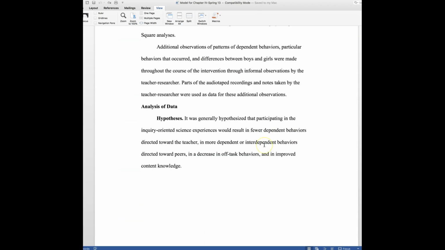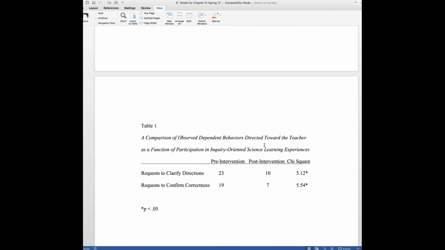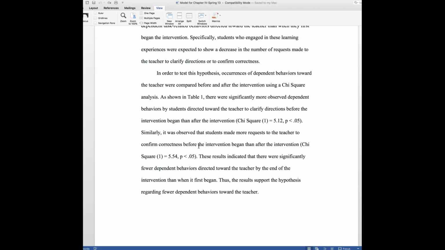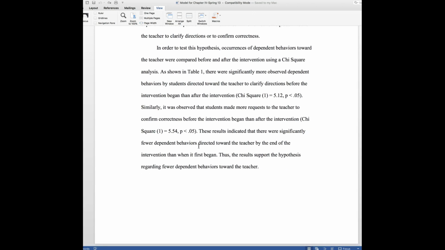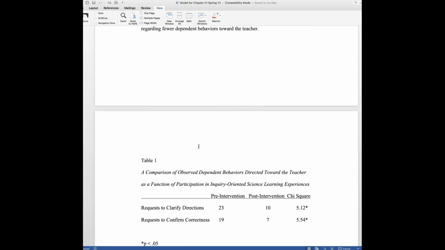In the sample, they're using chi-square for their first hypothesis, and you can see the table here. So these numbers that they're reporting up here are all in the table, but you want to not only show it in the table, you want to narrate it. You want to put it in a sentence format. So all the numbers you can see here.